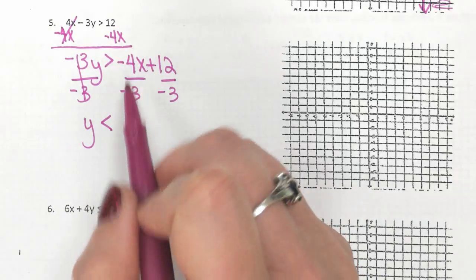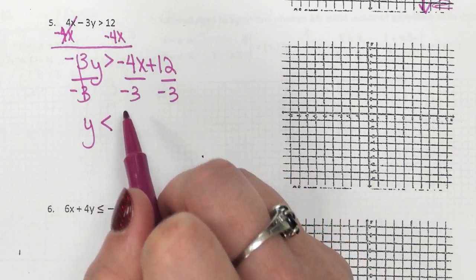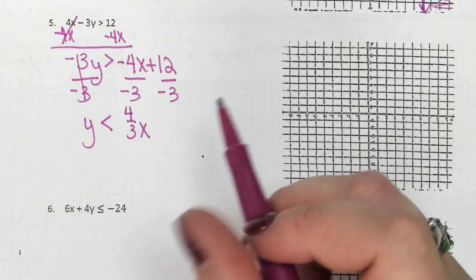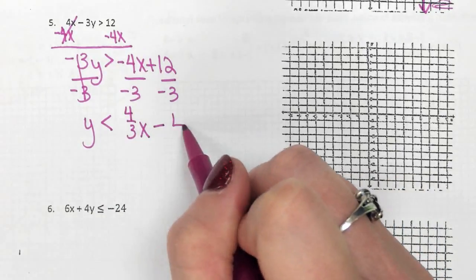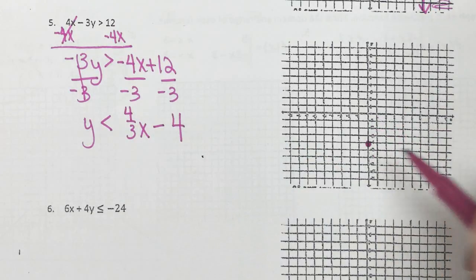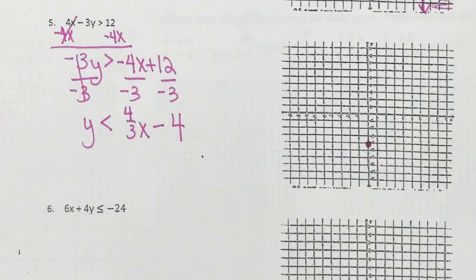All right, what about -4 over -3? What happens with those? Positive, yep. What about 12 over -3? -4. There you go. So we're going to go down 4 for our y-intercept.